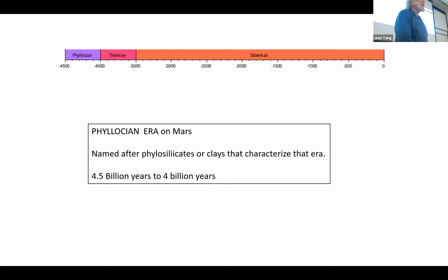And the hope has always been that Mars may have retained a memory, since it doesn't have continental drift, etc., that it may have retained a memory of that period. So that is a very great important step on Mars, as far as I'm concerned.